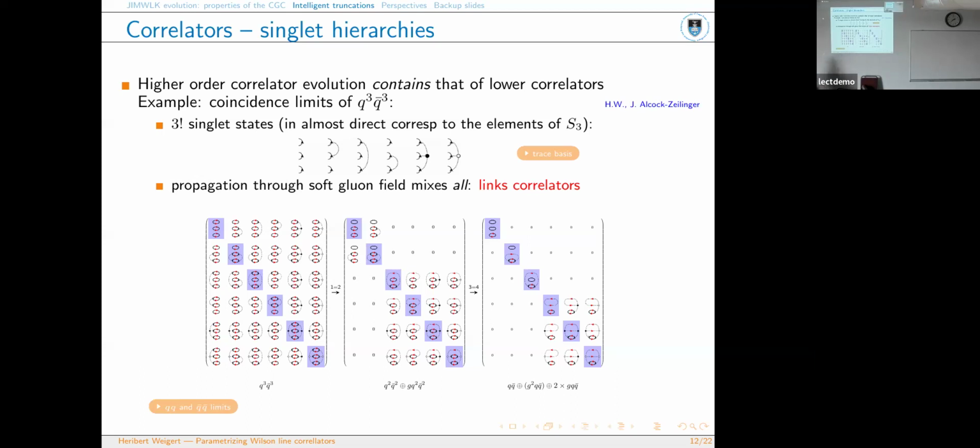And now interesting things happen if I take coincidence lengths. What have I done? In the first step, I have put the top quark at the same position as the top antiquark. And if you now pick out one of those, let's say this one here, I claim I get a 0.